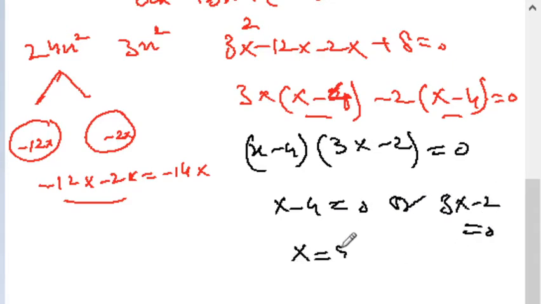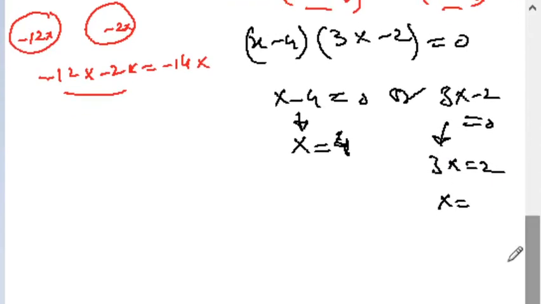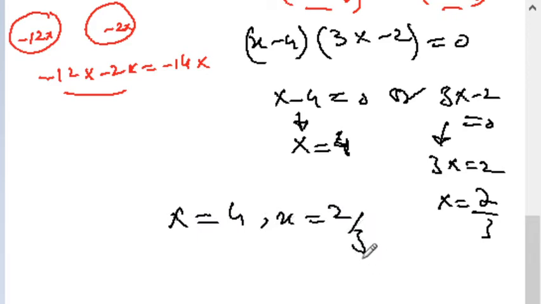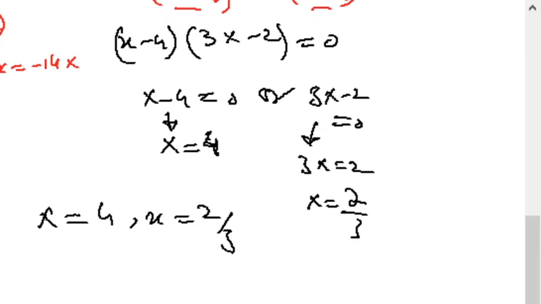So x is equal to 4, and 3x equals 2, so x is equal to 2 over 3. The values for x are 4 and 2 over 3. This is method 2, and we got the same result as in method 1. Some students use this method.